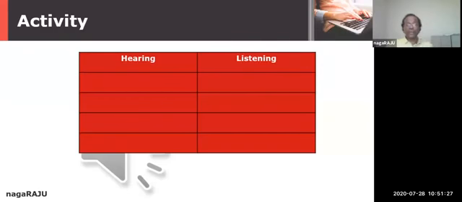Can you list one difference between hearing and listening that I made? Hearing is an ability, yes, and it's physiological, passive. Somebody says hearing is an ability, hearing is comprehending, hearing is passive and listening is active, yes, right?